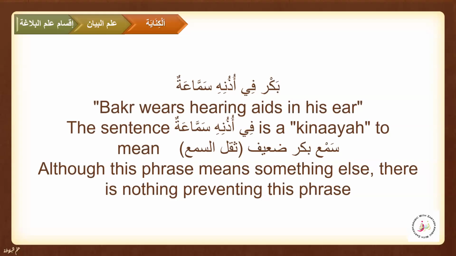So instead of saying it openly, the sentence politely implies it through an indirect image, that he wears a hearing aid. Why is this kinaya? Because we know that the literal meaning is true, he wears a hearing aid, but there's a hidden message: his hearing is weak. There's nothing stopping the literal meaning from being understood.